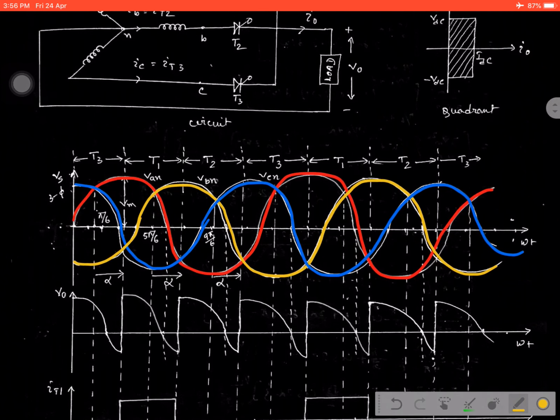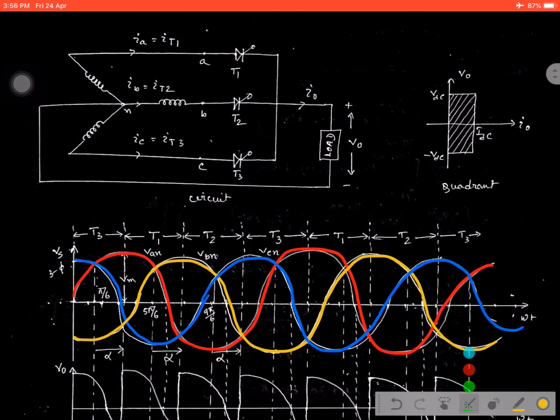Now that means this signal is applicable here. That means phase A is connected to the first switch, phase B connected to the second switch, and phase C connected to the third switch. And now see, when we demonstrate the rectification operation, when T1 starts conducting, the current starts flowing from phase A to T1, then load, then coming back to the neutral point.